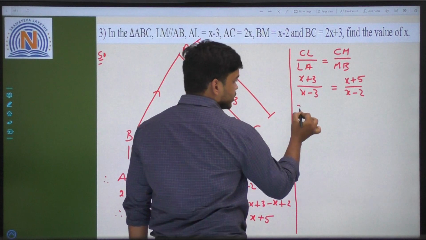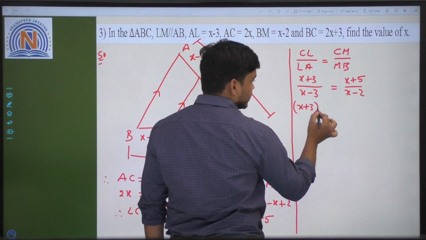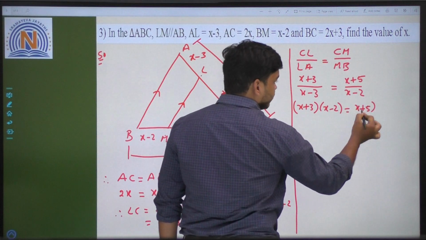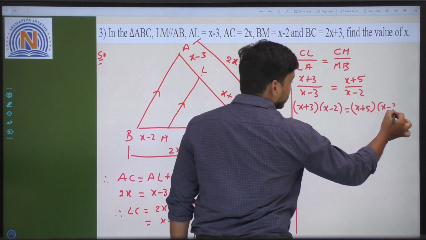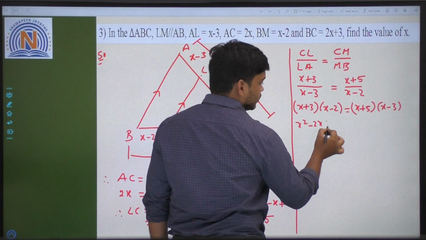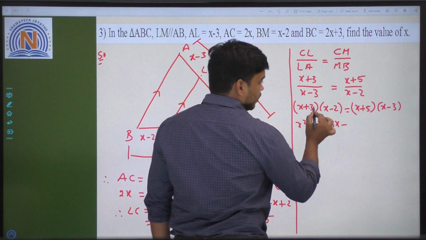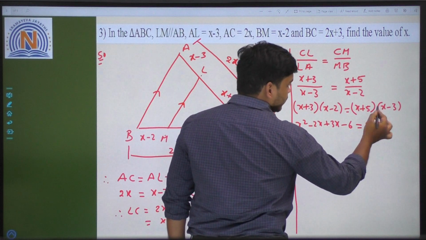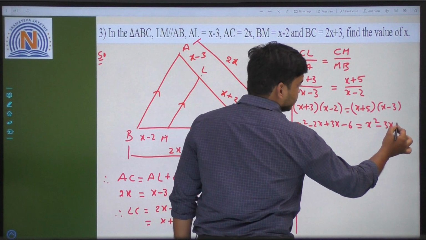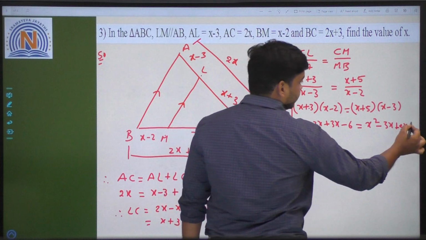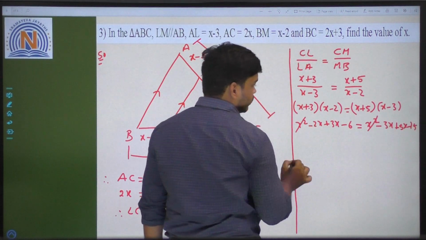Do cross multiplication. (x plus 3) into (x minus 2) is equal to (x plus 5) into (x minus 3). x into x, x square, and minus 2x plus 3x minus 6 is equal to x square minus 3x plus 5x minus 15. So x square cancels.